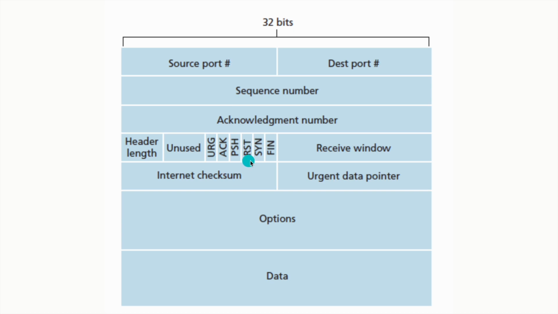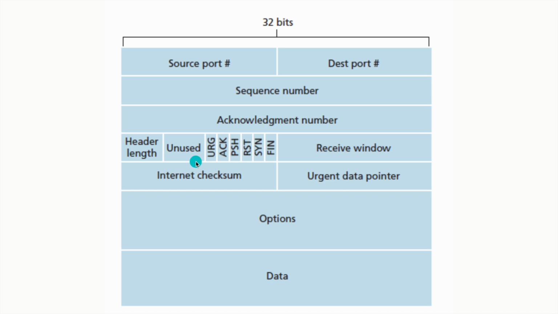Next one is the SYN, synchronize, which is used to synchronize sequence numbers between the sender and the receiver during the establishment of a connection. And the last one is the FIN, which means finish, used to indicate that the sender has no more data to send and wants to close the connection. As you can see, this part is unused, and this one is the header length.